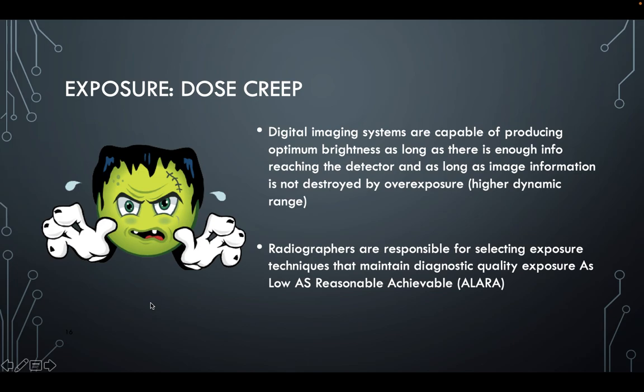So make sure that you are keeping your doses as low as diagnostically and reasonably achievable. Dose creep comes because our digital imaging systems are capable of producing that optimum brightness even if we give too much exposure. And so just make sure that you are maintaining as low of a dose as possible.